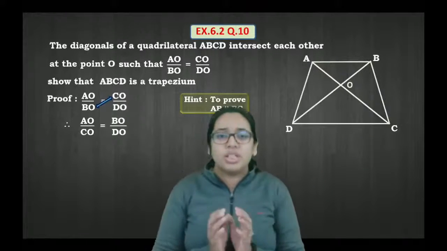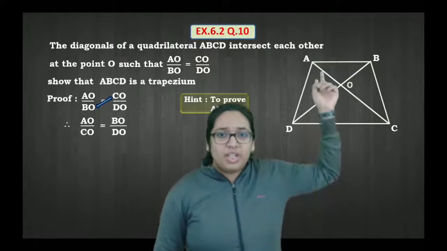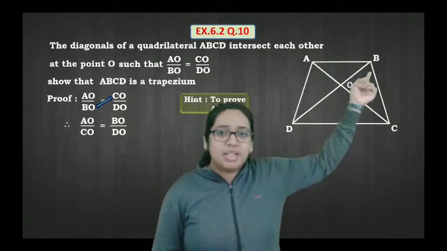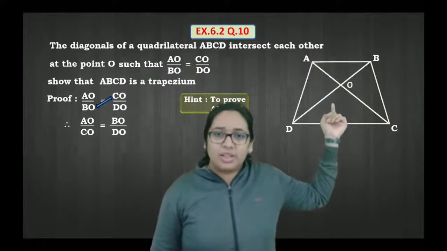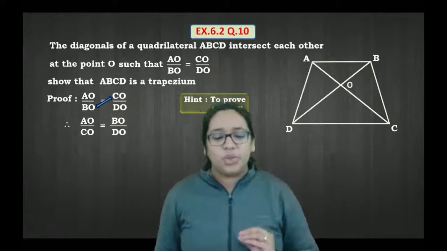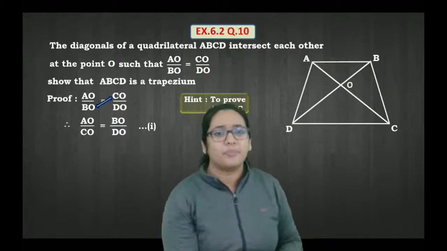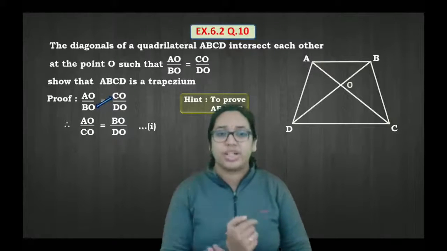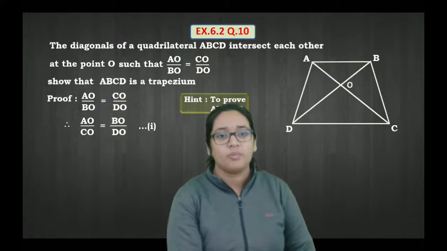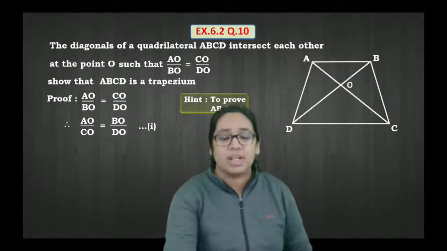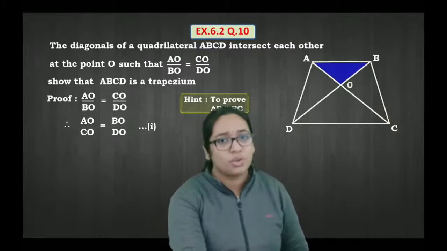Because diagonal के बारे में बोल रहा है that we are considering O is any point on this line. Similarly, BD is our second diagonal, तो BD के लिए आपको एक point मिलेगा. So that we can check produces two triangles, right? So AO upon CO is same as BO upon DO.